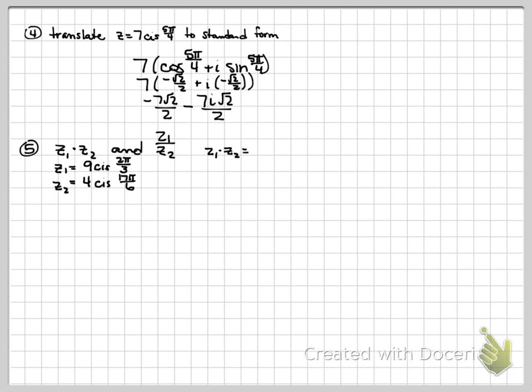In the multiplying, what I'm going to do is multiply my two r's together. And then I'm going to add my 2 thetas. And then I do the same for my sine.